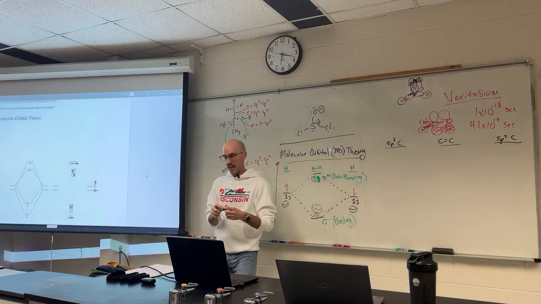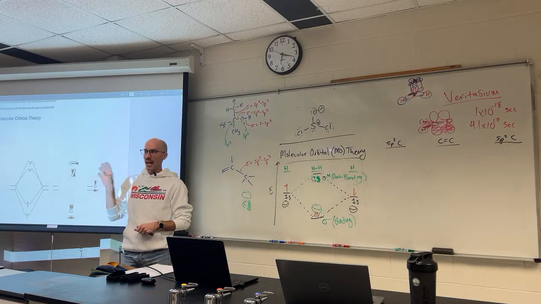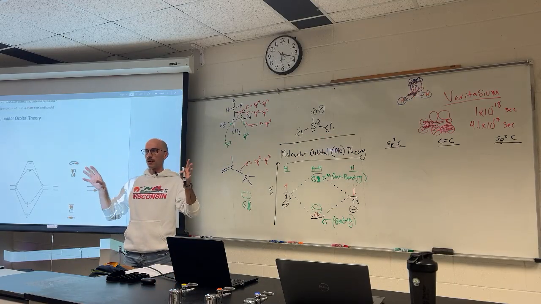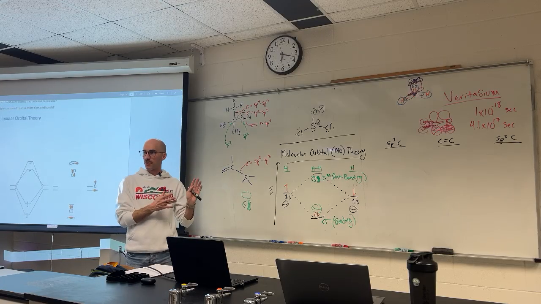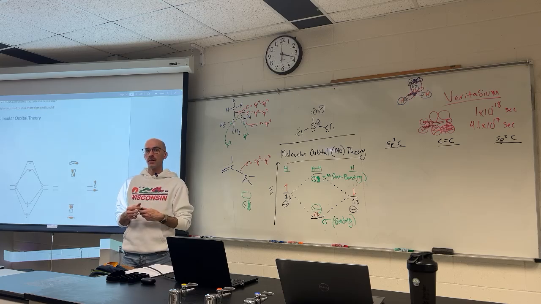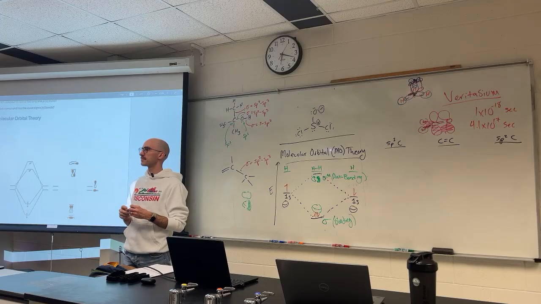Let's look at the MO diagram for sp2 hybridized carbons coming together to form a carbon-carbon double bond. Okay, now we just reviewed this, so can you tell me what 4 orbitals an sp2 hybridized carbon has?